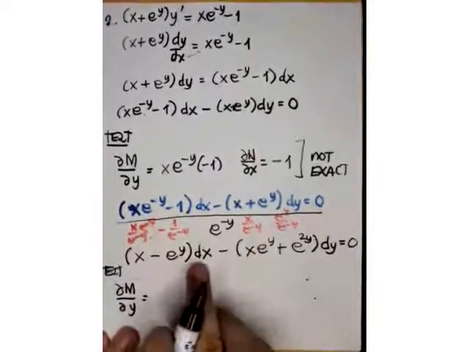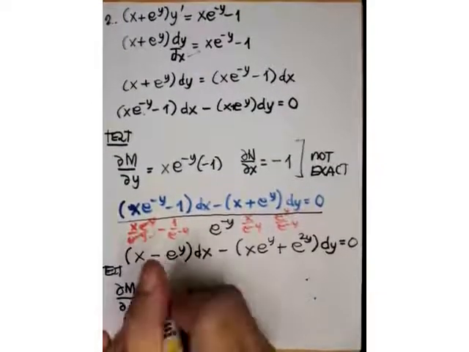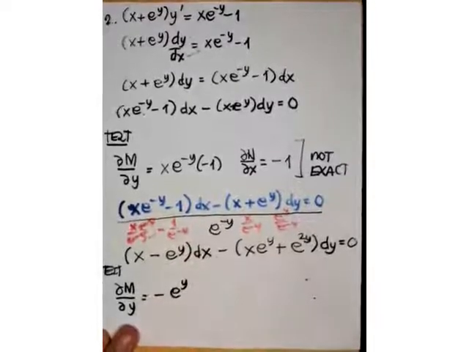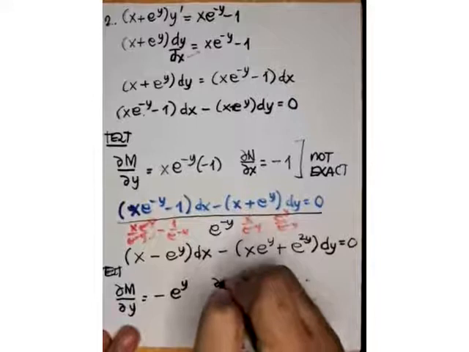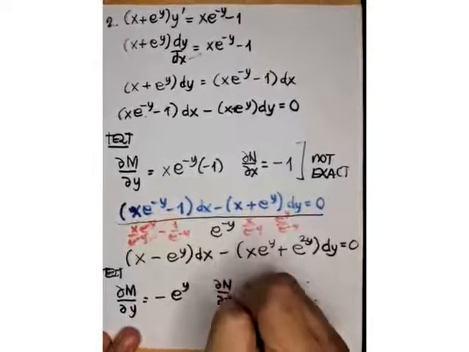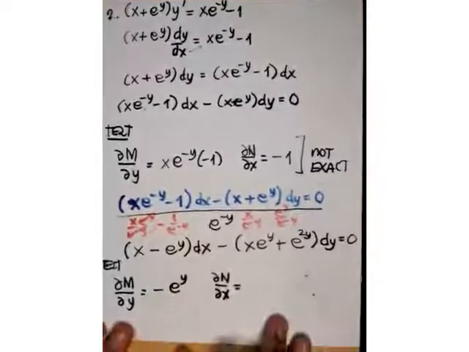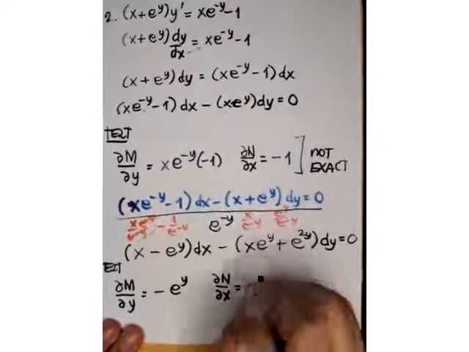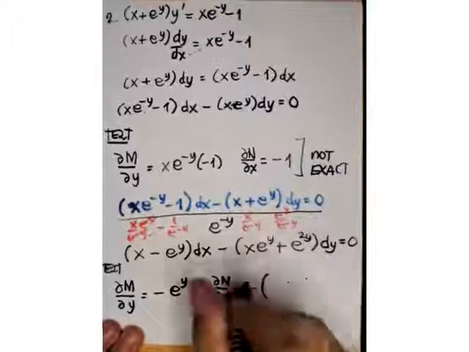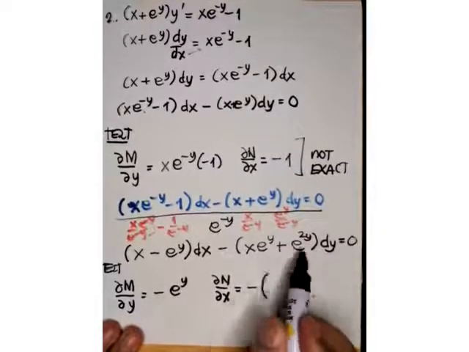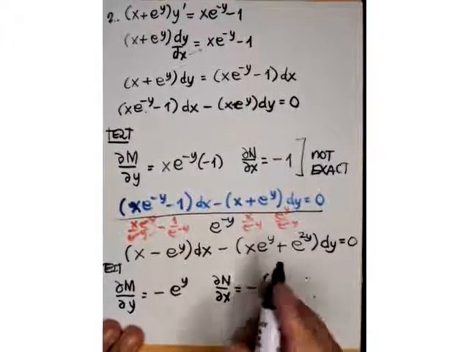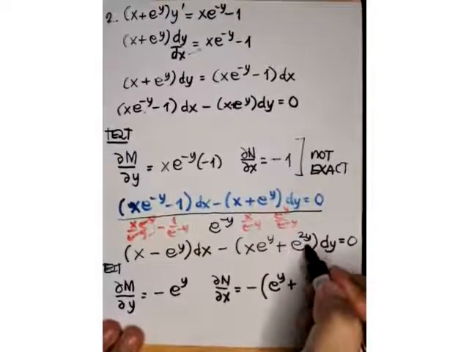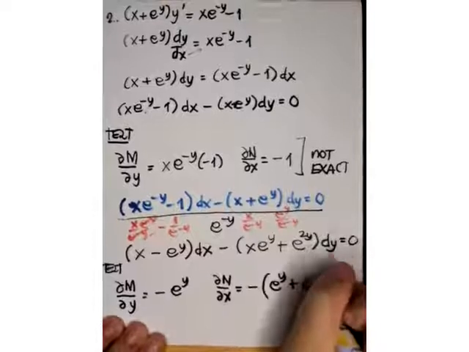So partial derivative in terms of y. So that means this is e raised to negative y. Then partial derivative of N with respect to x. So that means y is constant. So meron tayong negative times quantity. So in terms of x, the derivative of x is 1. So that's just e raised to y. Plus, derivative of this is a constant, so that's 0.